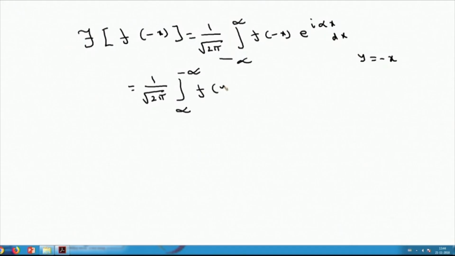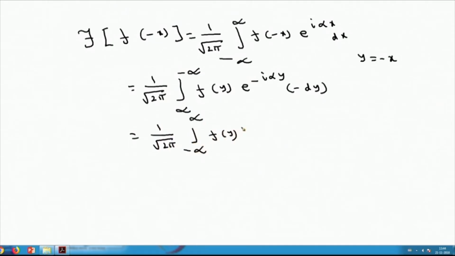So, it will be f of y into e power minus i alpha y, since x equals minus y, into minus dy will come. So, once I am getting this, this is nothing but 1 by root 2 pi, integral from minus infinity to infinity, f of y, this minus we are changing. So, I am making it minus infinity to infinity, e power i into minus alpha into y dy.